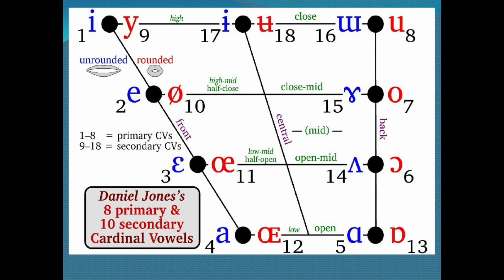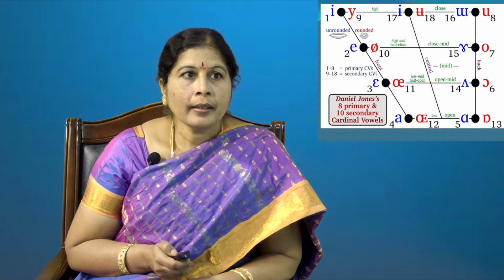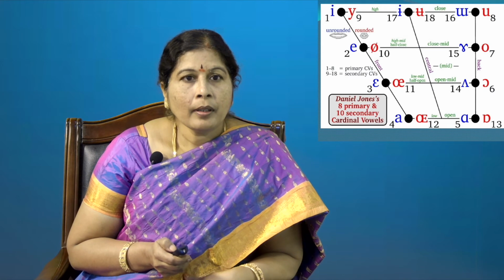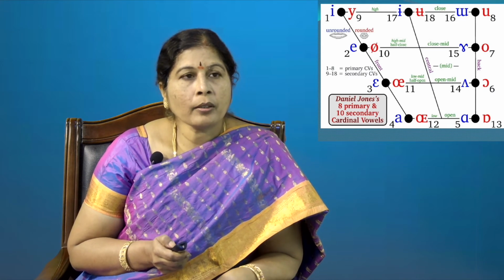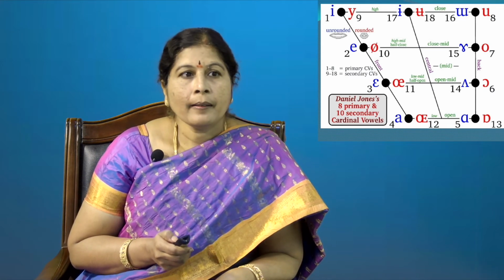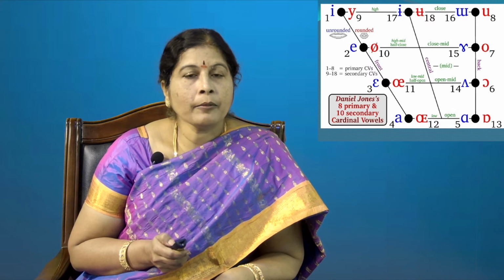So look at this picture. This is the cardinal vowel scale, and these are the cardinal vowels. This was developed by Daniel Jones, and we have 8 primary cardinal vowels and 8 secondary cardinal vowels. And in English, most of the sounds are close to the first primary cardinal vowels.